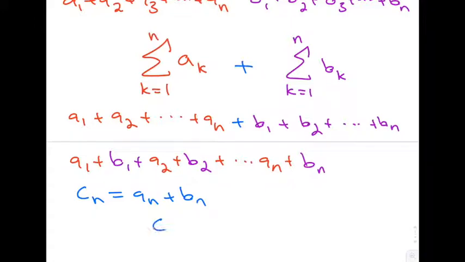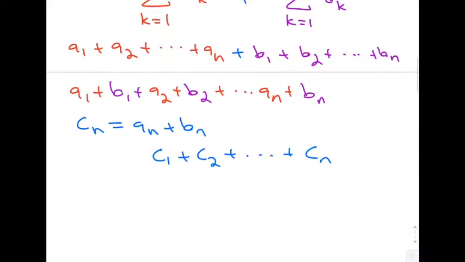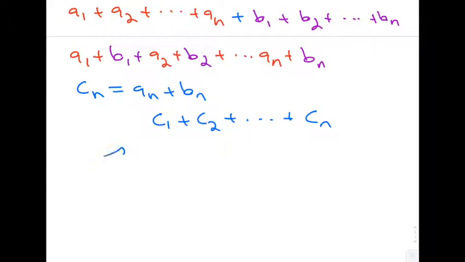So that means that we'll have the summation c1 plus c2 all the way up to cn. And we can concisely write this. We know how to do that. That's the sum from k equals 1 to n of c sub k.